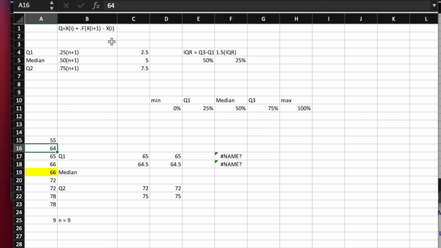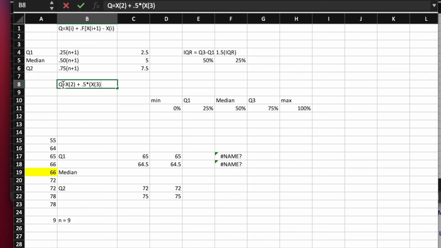So if we plug this into the main equation, it would be Q is equal to x of 2, which is the second x value, the second data point, plus our fraction 0.5 times parentheses x of I plus 1, so we plug in 2 again. 2 plus 1 is 3, so x of 3.